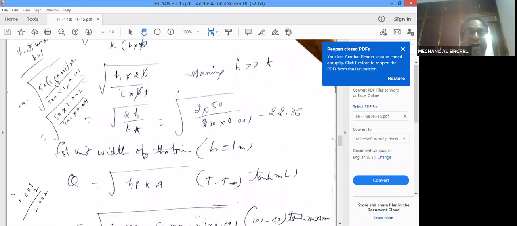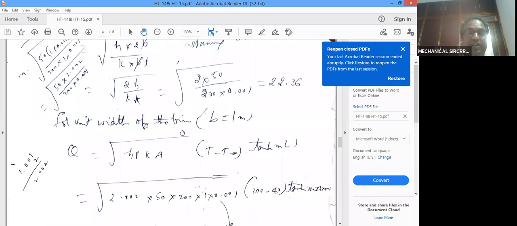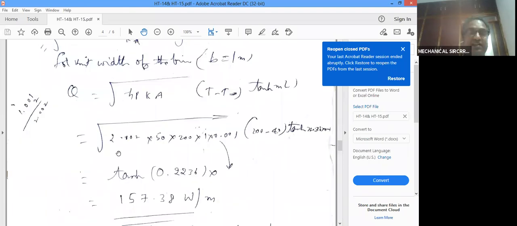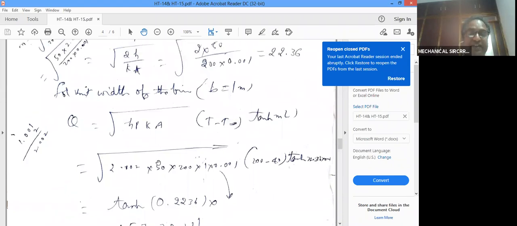After getting the m value for unit width of fin, b is 1 meter, how do you calculate heat transfer rate? Q is equal to square root of hPkA into T naught minus T free stream into tanh mL. Square root of h value 50. What is the perimeter value? 2 into b plus t, so b 1 meter, thickness 0.001.